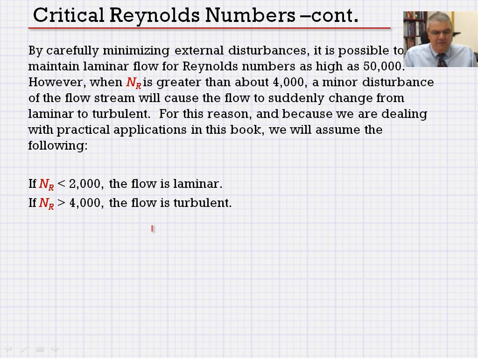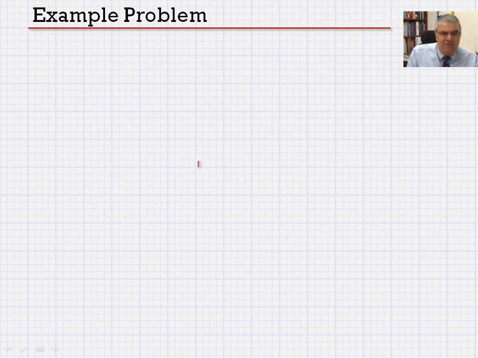If the Reynolds number of a flow is less than 2000, then that is a laminar flow, and if it is greater than 4000, it is turbulent flow. In between, we have these transition zones, and we're going to solve an example problem here.